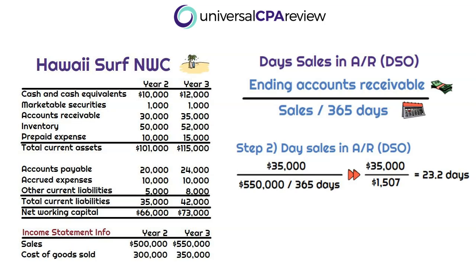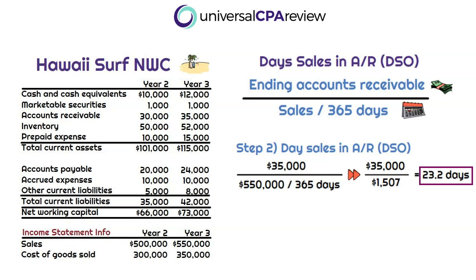And then for the denominator, we would divide sales of $550,000 by 365 days. That means daily sales is 1,507. So ending AR of 35,000 divided by daily sales of 1,507. That means our days sales in AR are 23.2 days.